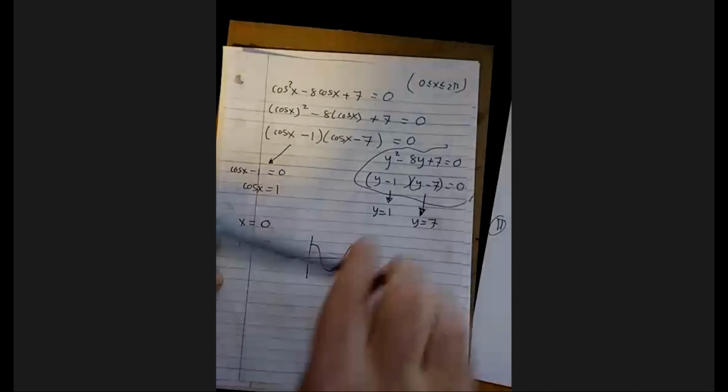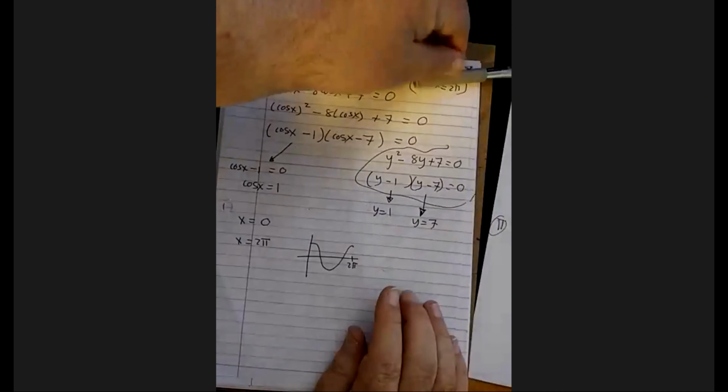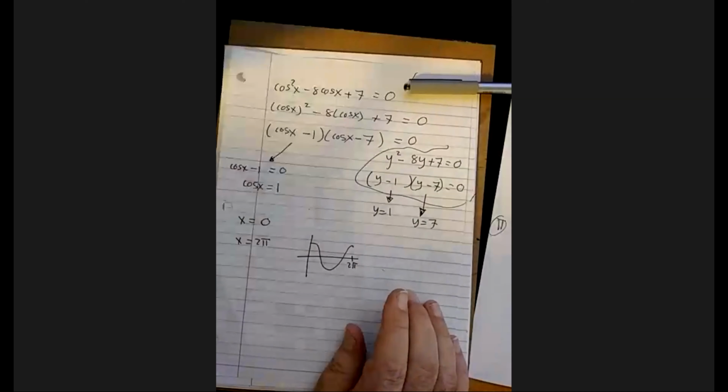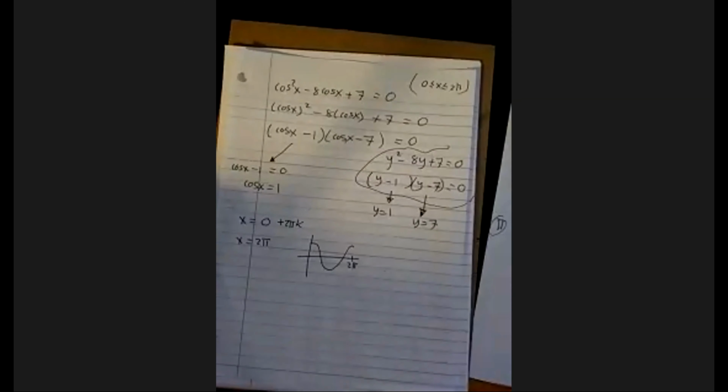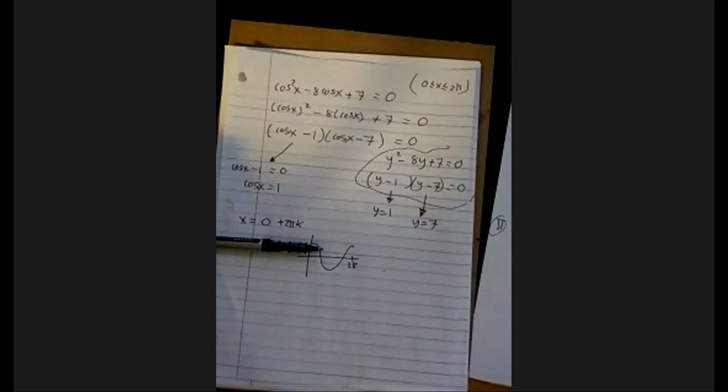If the question didn't have that, in other words, you're going to do the 2 pi k version, the version with all the 2 pi stuff in it, then wouldn't I just say 0 plus 2 pi k? Do I need to write 2 pi down now? Isn't 2 pi just a particular version of this 0 plus 2 pi k? It's 0 plus 2 pi. So that would be your solution.